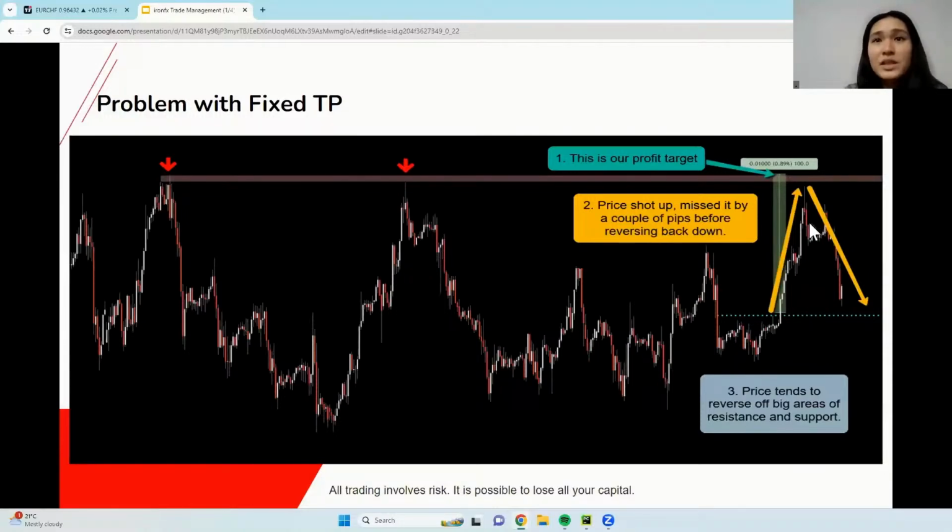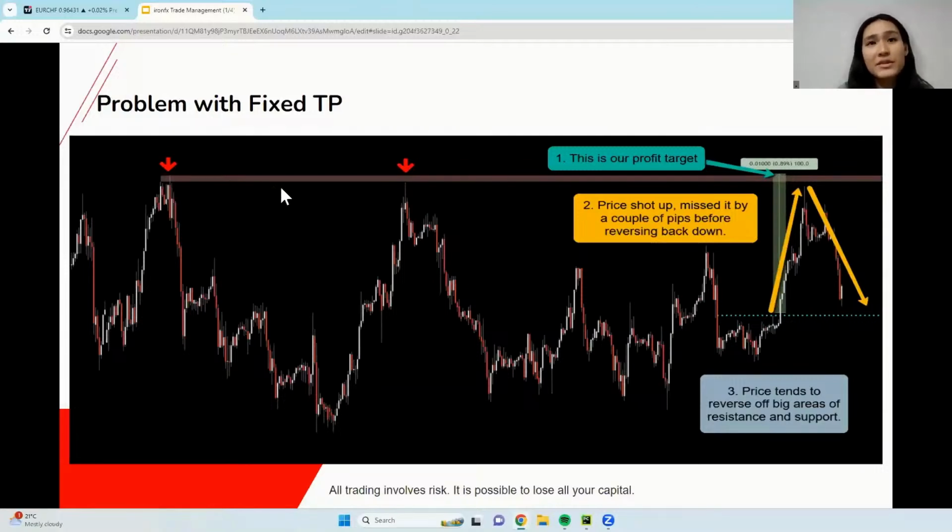Price shot up, right? So our target profit was at this resistance level, and price did shoot up as we expected, but it missed our take profit target by a couple of pips, and then it reversed back down to our entry. And the reason for this is because price often reverses off of big areas of resistance and support.